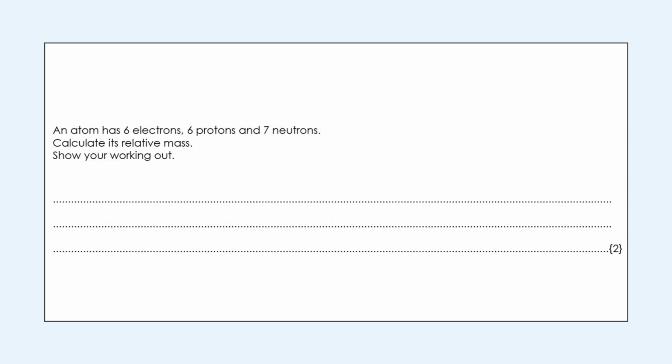The next question is a calculation question. An atom has 6 electrons, 6 protons, and 7 neutrons. Calculate its relative mass. Show your working out. This is a 2-marker, which means that you need to show at least one step of working out and one answer to get both marks. Once again, try this independently and then we will go through this together.